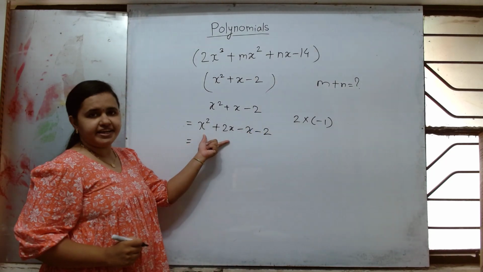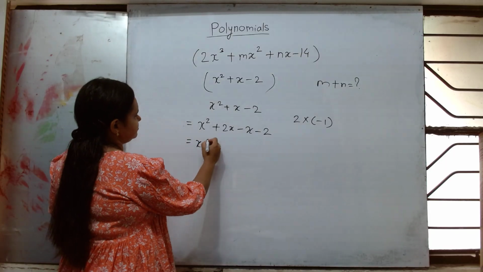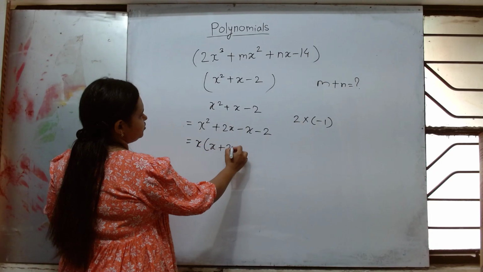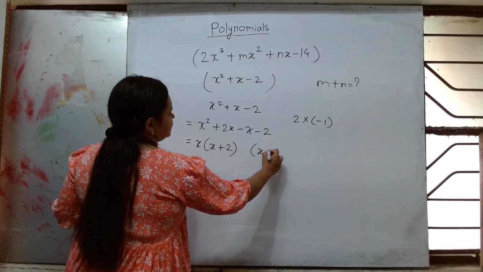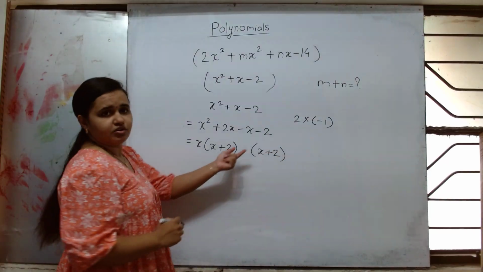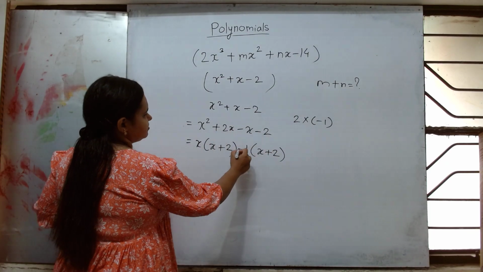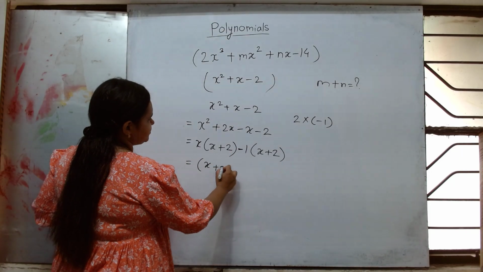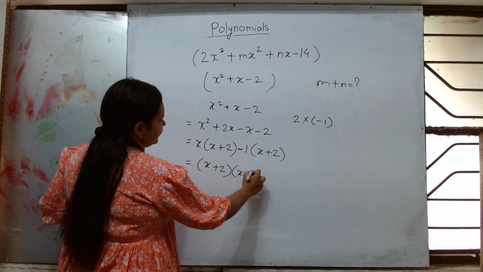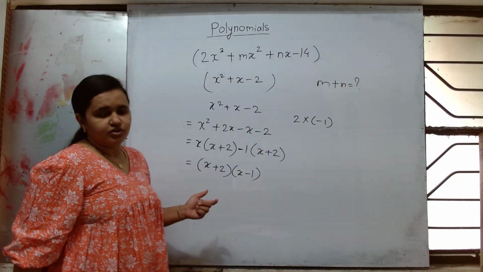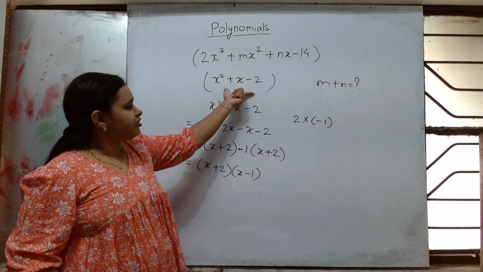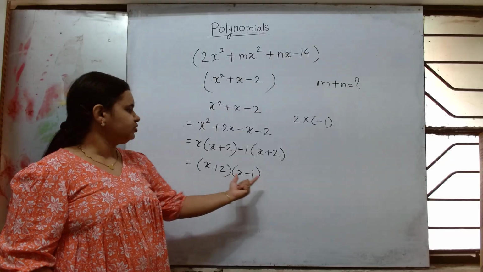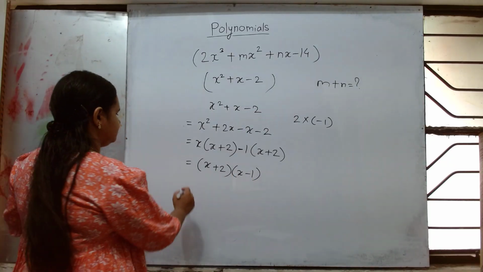If we take x common from this, it will be x plus 2. Here it will also be x plus 2. Common we get is minus 1. Now factors will be x plus 2 and x minus 1. So, factors of this polynomial are x plus 2 and x minus 1.